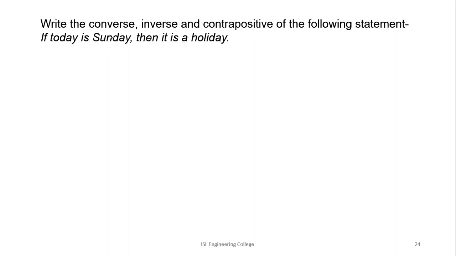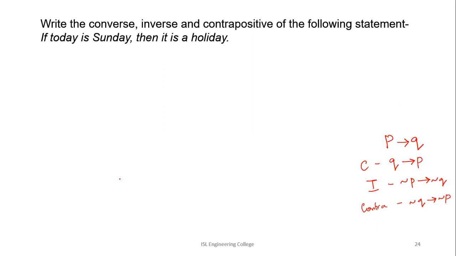So if you remember, if the conditional is P implies Q, then the converse will be Q implies P, inverse will be negation P implies negation Q, and contrapositive will be negation Q implies negation P.